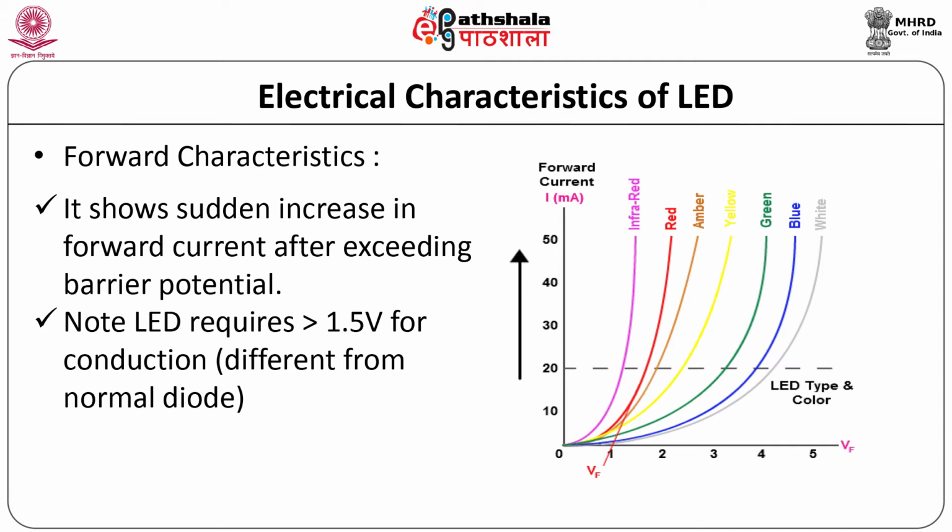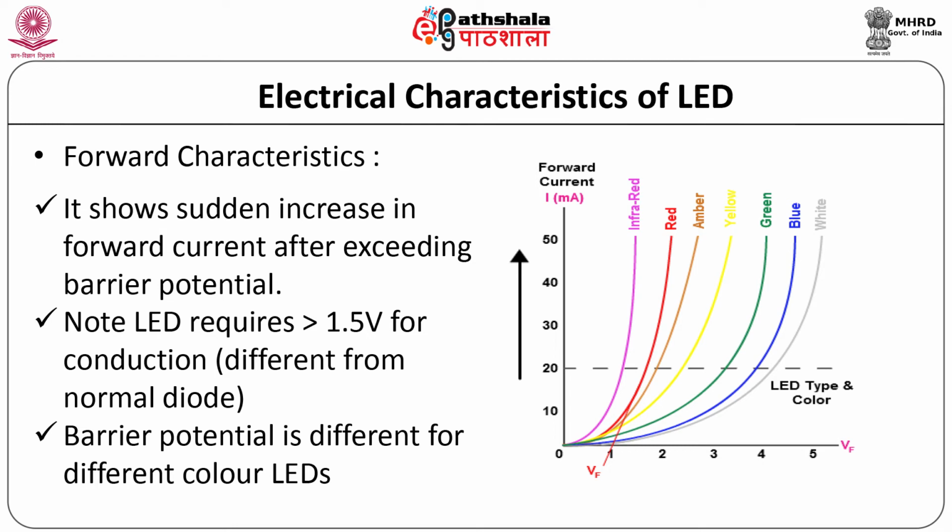Further, this voltage in the case of an LED depends upon which color, that is wavelength, is emitted by the LED. It is seen from the characteristic that the knee voltage for the infrared LED is the lowest and it increases for short wavelength material. Once current starts flowing through the LED, it can only be controlled by a series external resistor.